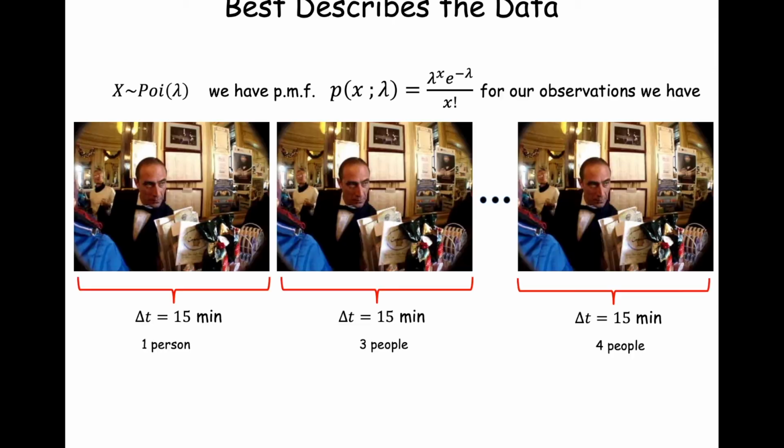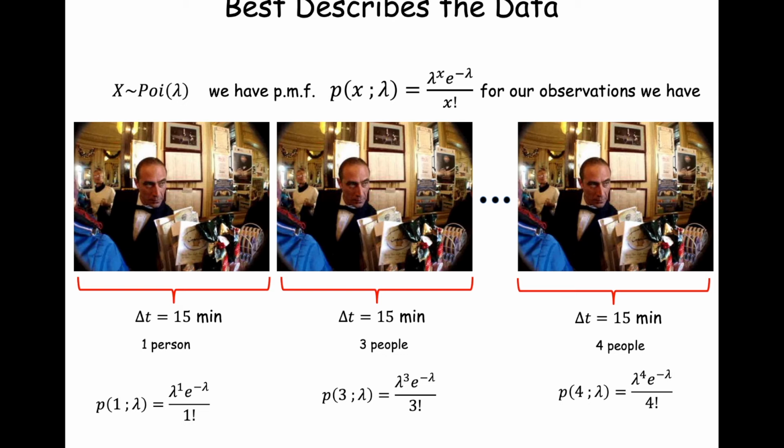And so we know with this mass function and each one of our observations, we can evaluate the probability of observing one customer given a rate parameter lambda. We can also compute the probability of observing 3 people given a rate parameter lambda. We can also, for each one of our observations, evaluate the probability of observing that number of observations, or in this case, the last observation, given parameter lambda.